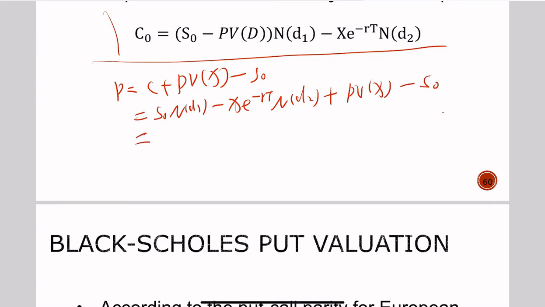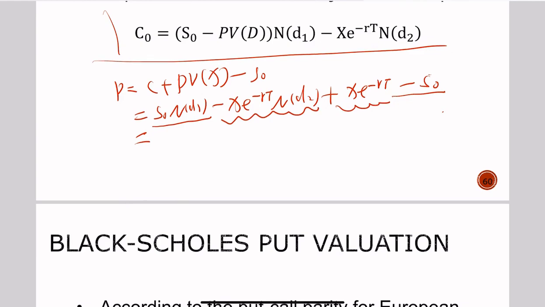And you can see that we can combine these terms. PVX is the present value of X, that is, X e^(-rT). Then you can find that this term and this term can be combined, and this term and this term can be combined, right?